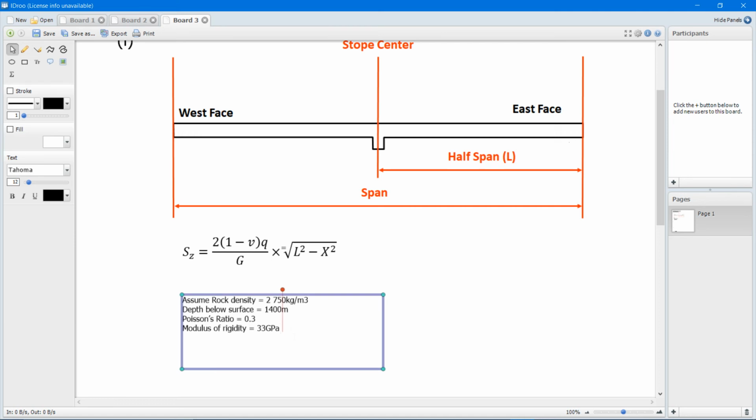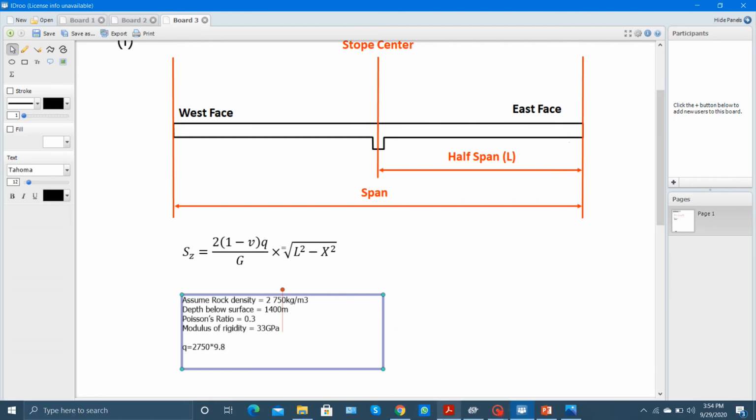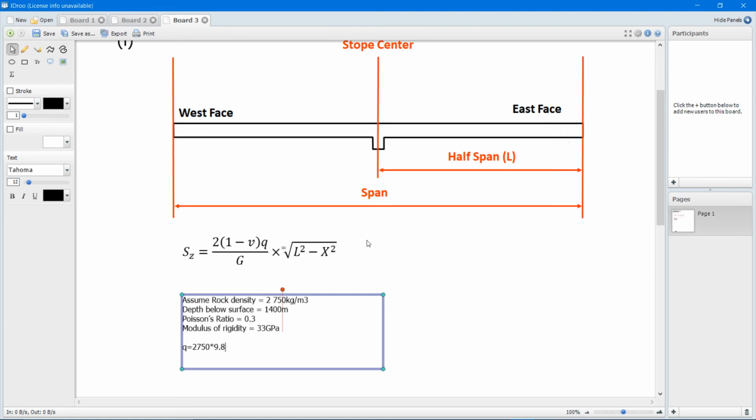Now, we need to know what Q is. And Q is equal to the density of the rock multiplied by 9.8, which is acceleration due to gravity, or G, gravitational constant, we call it so many things.